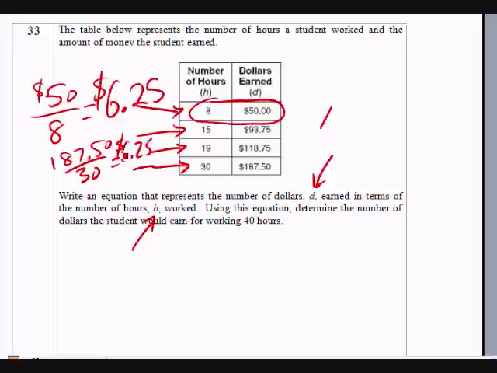So how do you write an equation showing that? Well, they get paid $6.25 per hour. How many hours is the student going to work? They're going to work H hours. So 6.25 times the number of hours the student works is going to give you the amount of money he or she earns.